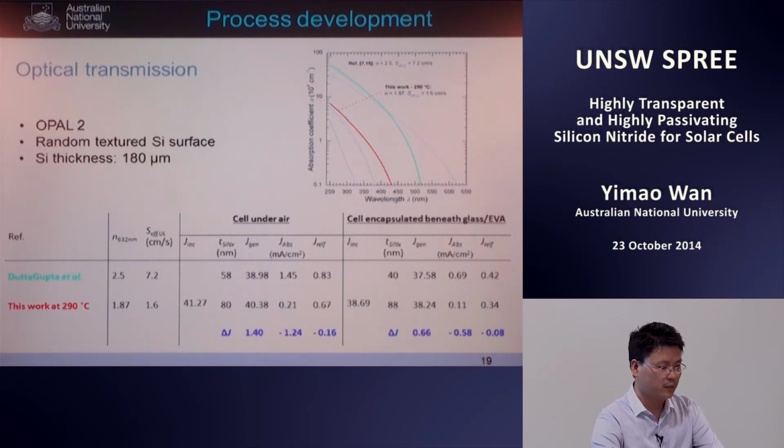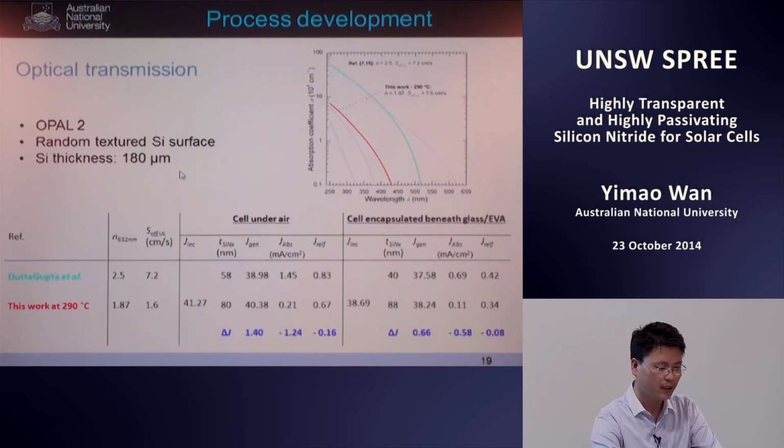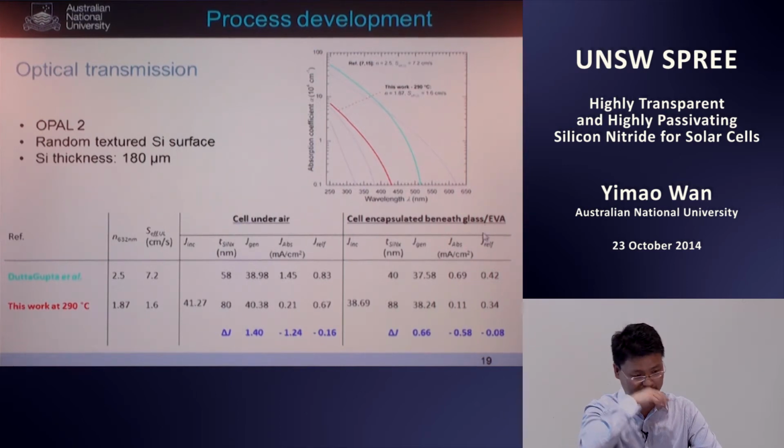So the simulation is done on random textured pyramids with a silicon thickness of 180 micrometers. We have done the simulation on the cell in air and also under EVA or glass encapsulation.